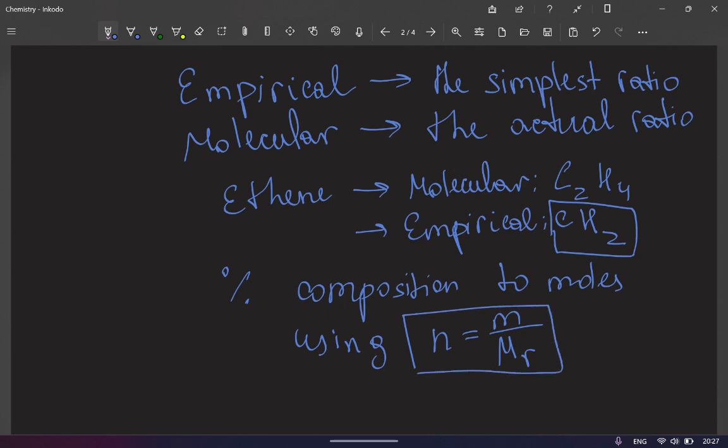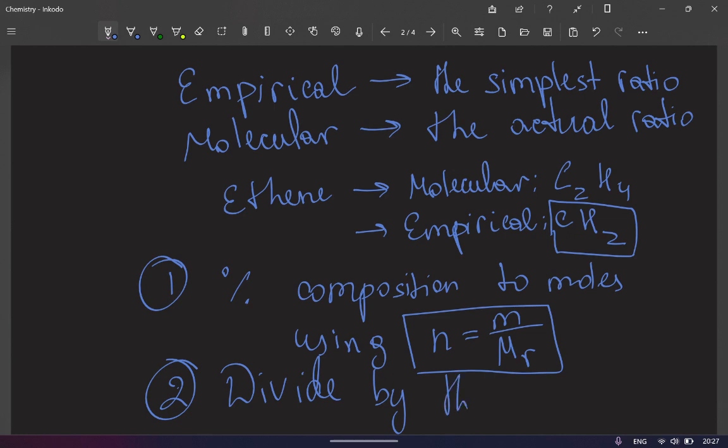Then the next step would be to divide by the smallest number of moles.